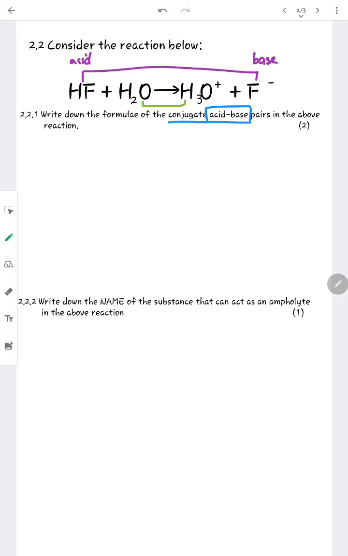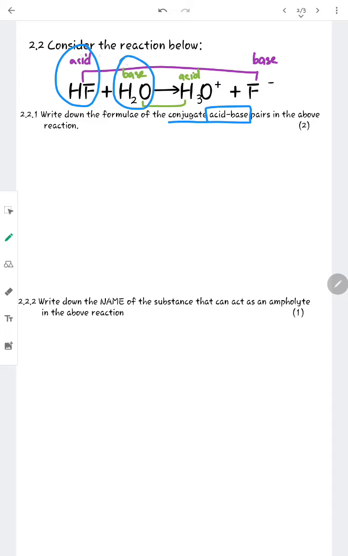So whoever has an additional proton becomes the acid. And then obviously if you remove that proton, you are a base. That is one way of looking at it. The other way you can look at it is, if I've already identified one as the acid, then the other one must be the base because it's always a pair.